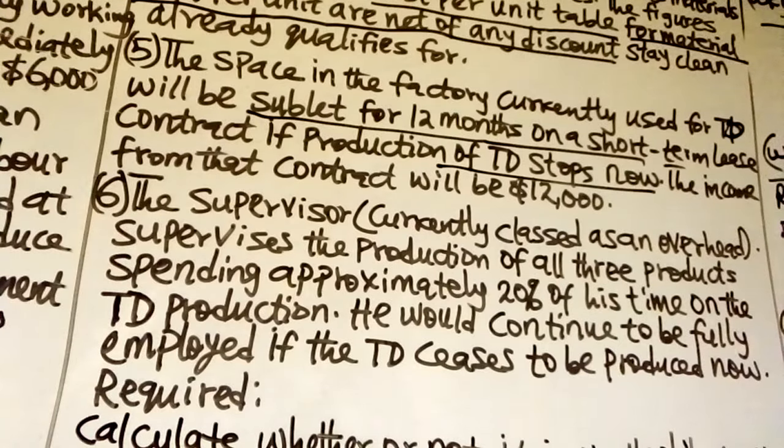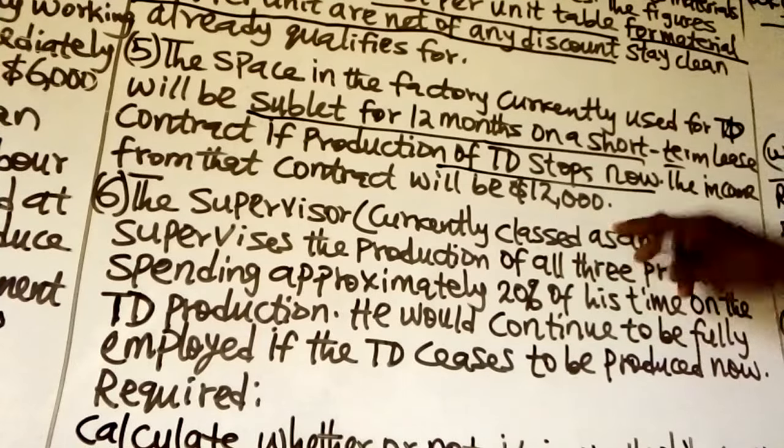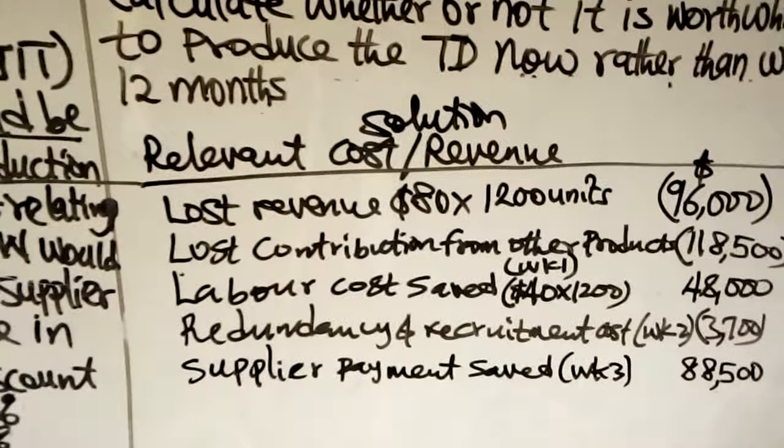The opportunity cost of stopping TD now is the income you will earn from that space, and that will be treated as a relevant cost.